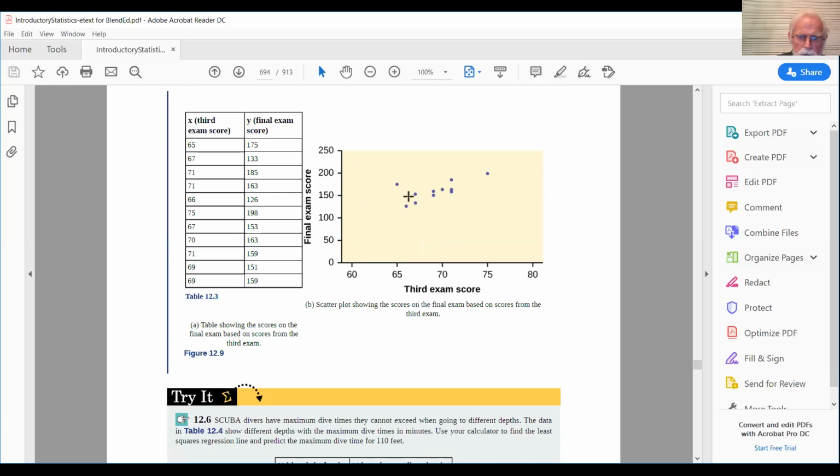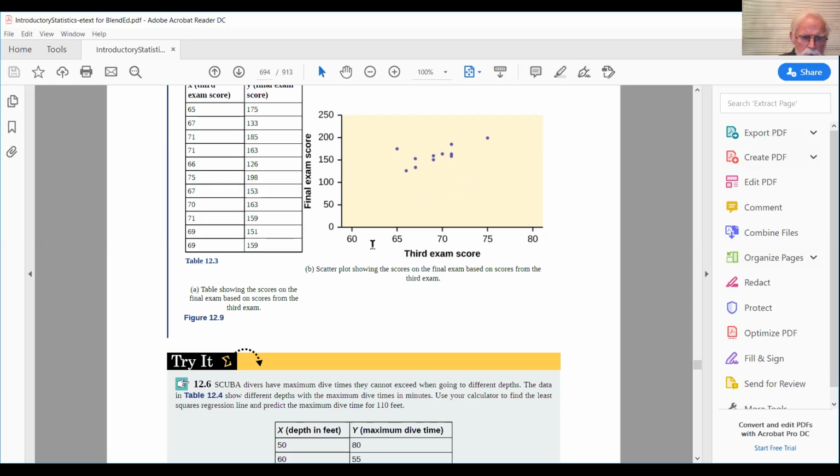So if we look at this, there is apparently a relation, but it's kind of weak. We just have these various student scores here, third exam score and the final score. Note that the scales don't have to be the same. We just want to see if there is a relationship between how well people do in the third exam and the final. And indeed, it looks like there is a relationship.